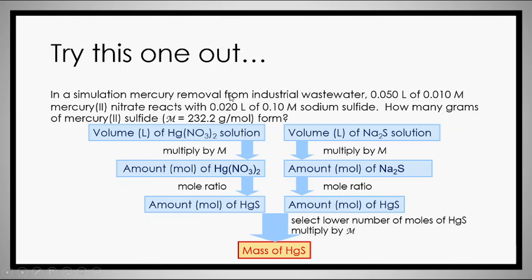Once we're at moles of our reactants, take both of the reactants and convert them into the same product. Because I'm asking about mercury sulfide, it's probably the easier product to convert into. And once you have moles of your product, convert it into mass by using the given molar mass.